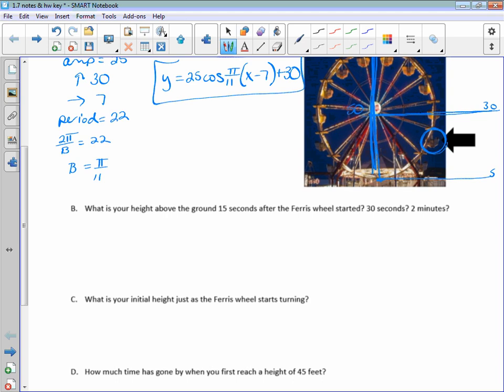Or you could go to your y equals and type in this equation, and then use the table function on your calculator. It's easier.